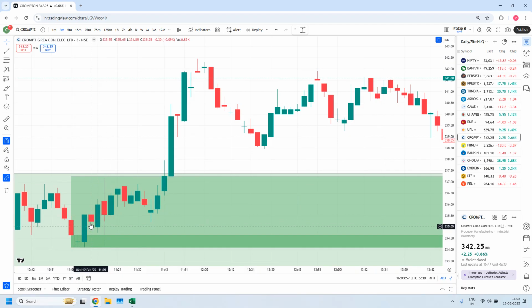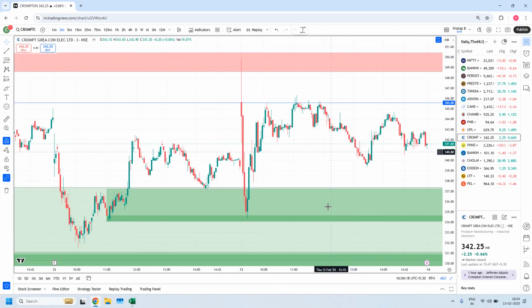The reason why I am very much confident about this zone is the price action after that. Prices came close to this zone, but they didn't reach into this zone. That means the order flow in this area is very strong. Here also they came, not very close, okay.